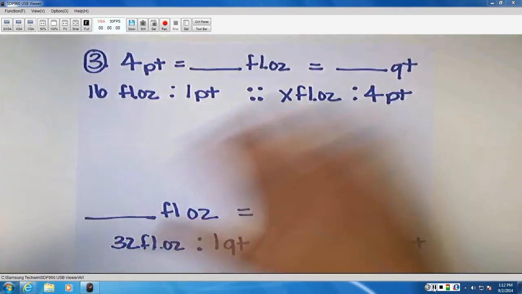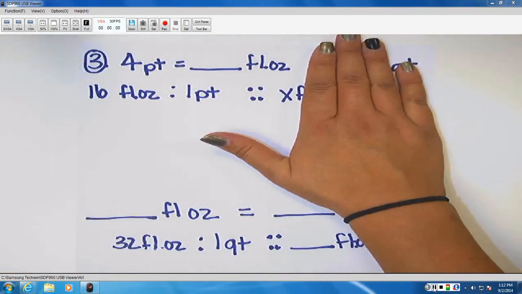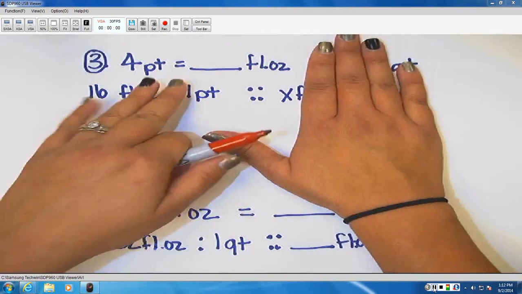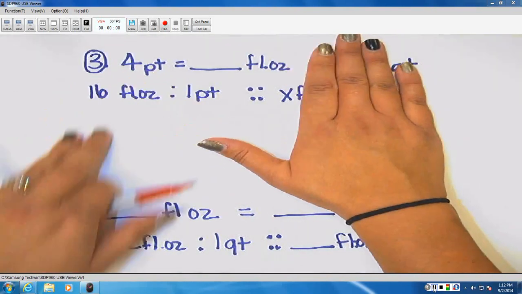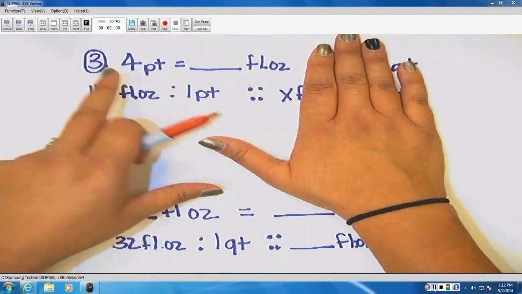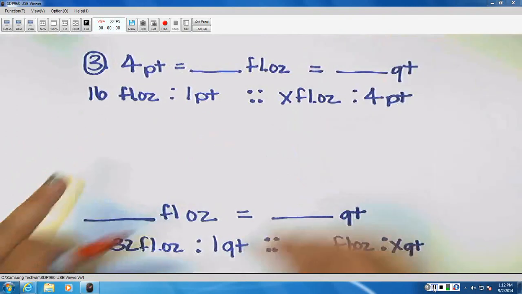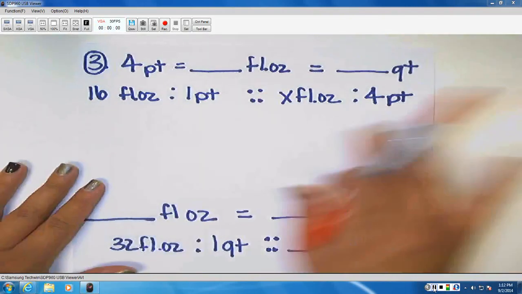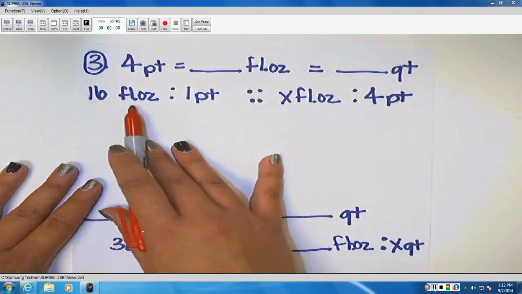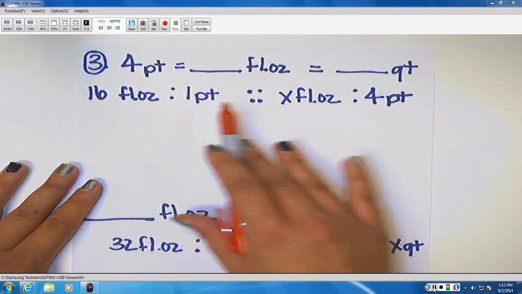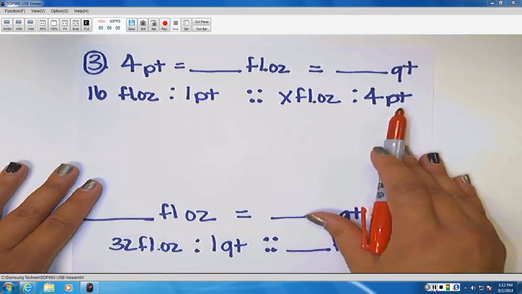So just forget about this third equation for a second, and we're just going to focus on these 2 numbers here. How many fluid ounces are in 4 pints? So I've set up my equation. So I know that 16 fluid ounces are in 1 pint. What I don't know is how many fluid ounces are in 4 pints.